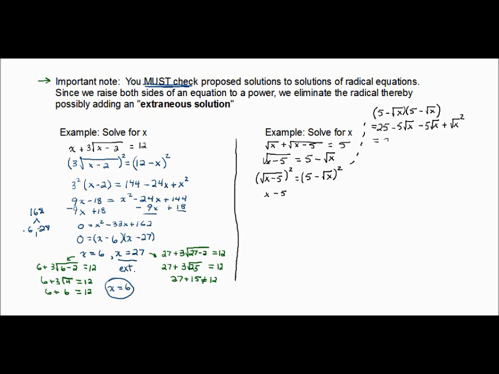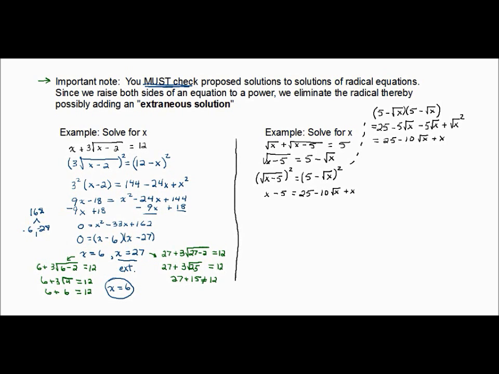This is the same thing as saying 25 minus 10 square root of x plus x. Okay, so here's what we've got now. We've got 25 minus 10 times the square root of x plus x.